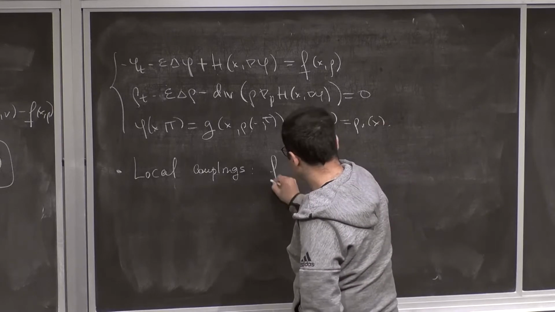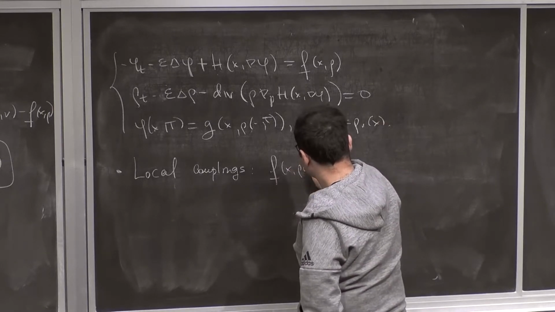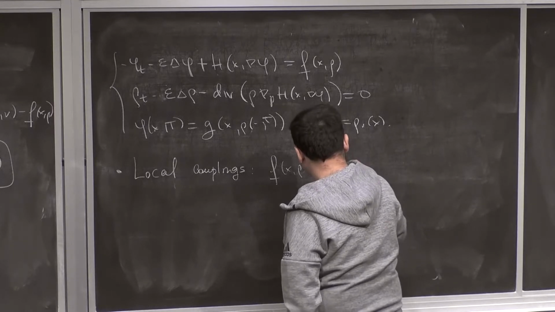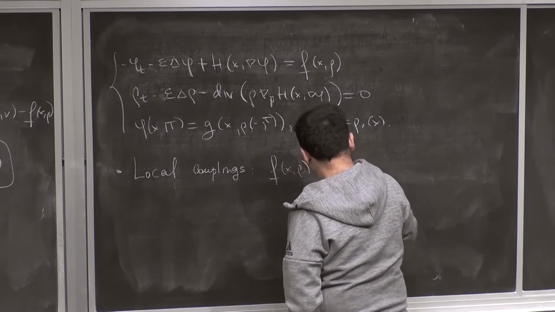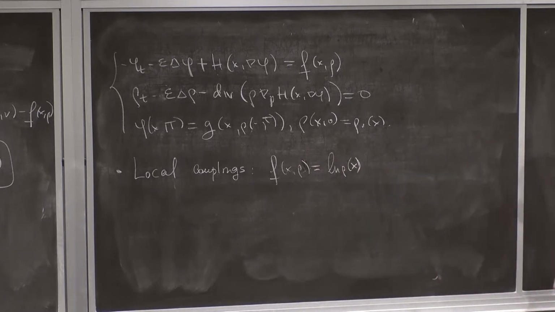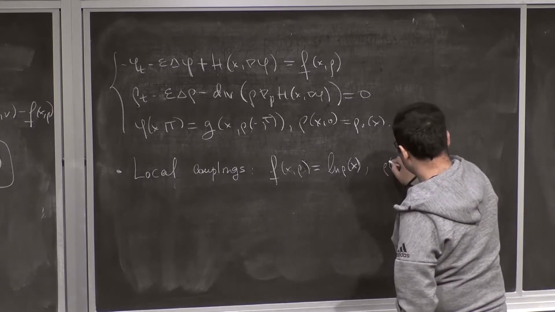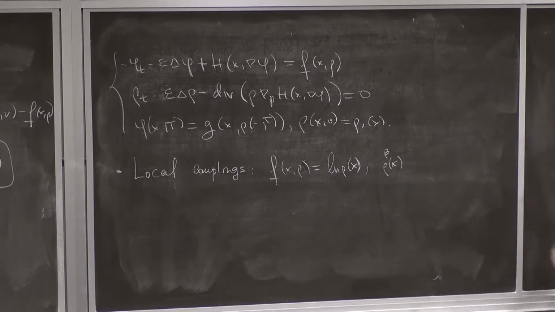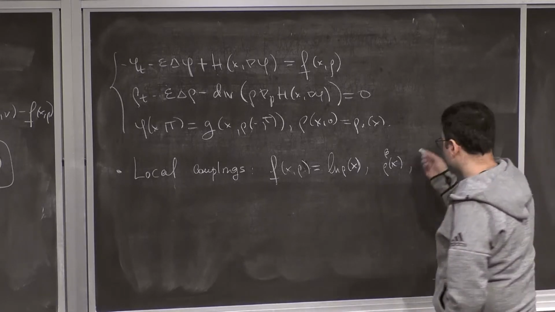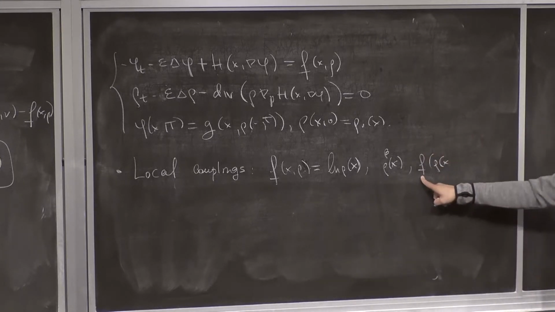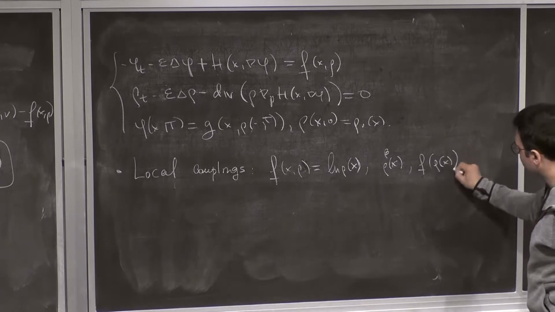For instance, it can be the logarithm of the density at location x, or some power of the density, or in general you can take some one-variable function and apply it to the density.